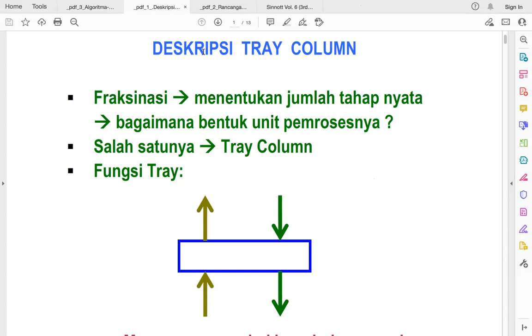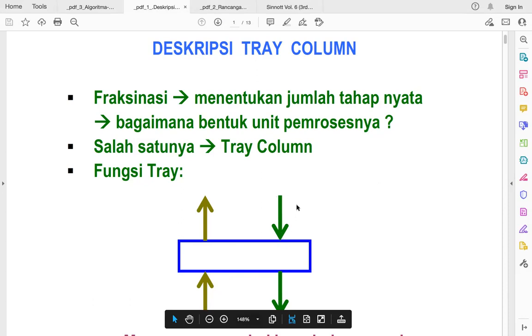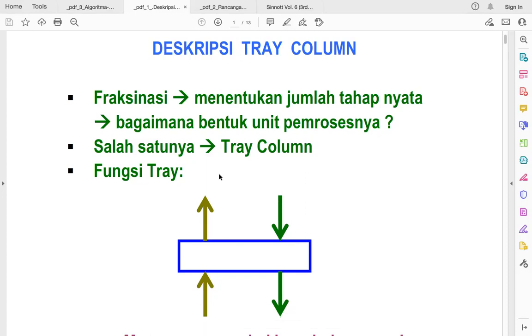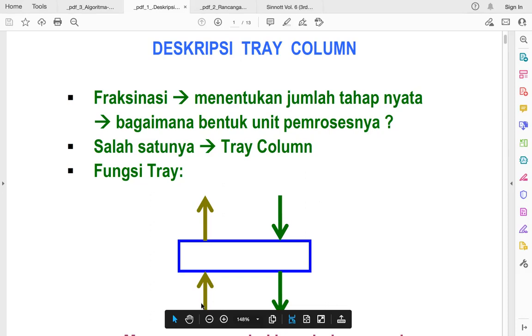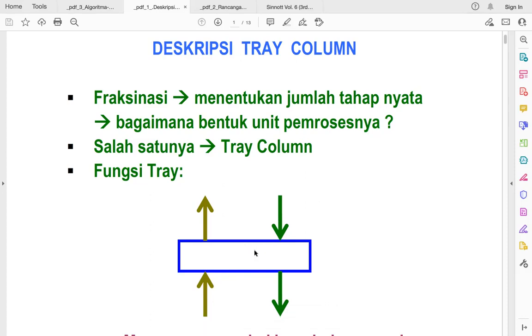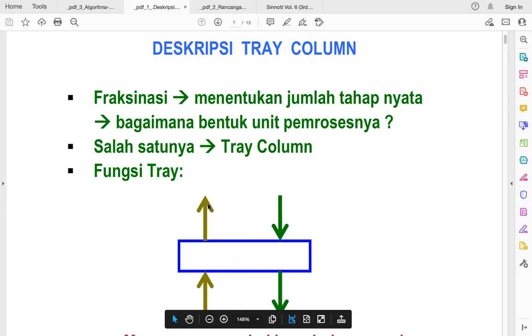So we know that one equilibrium stage means we have a liquid flowing from the upper tray and vapor coming from the lower tray, and they mix together until they reach equilibrium, if the efficiency is 100%. After that, they leave with the new composition.